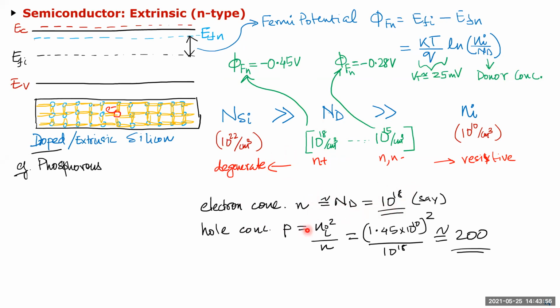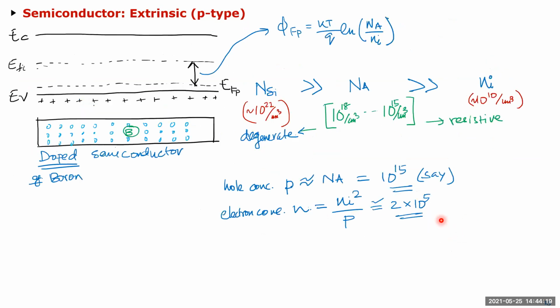Then for the hole concentration, you use the mass action law. You know the intrinsic concentration at room temperature, you take the square of that divided by 10 to the power 18. You can see it's 200. That's why in a semiconductor, this is called the majority carrier and this is called the minority carrier, because essentially there are just no holes if you're heavily doped.